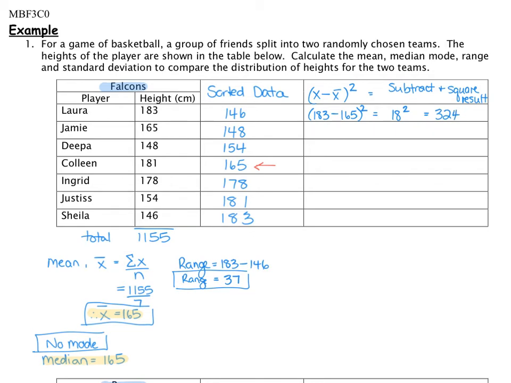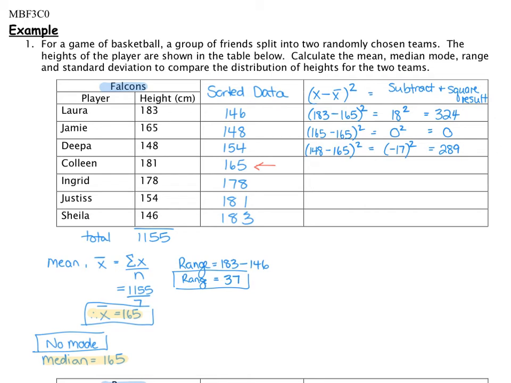Jamie is 165 centimeters tall, so we do 165 minus the mean, which happens to be the same, and square it. So that gives us 0 squared, which is, of course, 0. For Deepa, we take 148, subtract the mean of 165, and square it. So that gives us negative 17. It's squared, so it doesn't matter that it's negative because it always becomes positive, and that's 289.